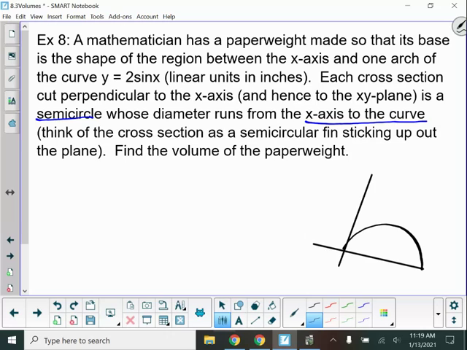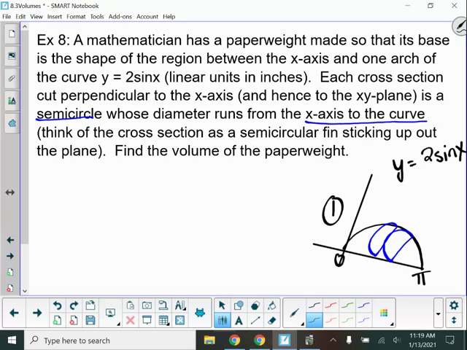It goes from 0 to pi, because I am on the x-axis, and my equation was y equals 2 sine of x. And then when I cut these cross sections out of here, those are all semicircles. I know the first one kind of looks more like a loaf than an actual semicircle, but those are all semicircles. So step 1 is going to be my picture.